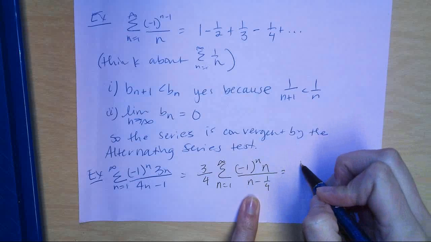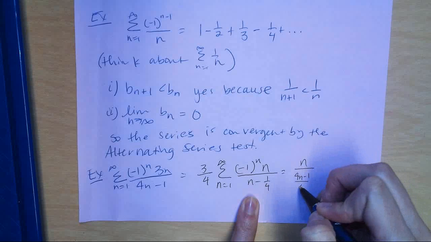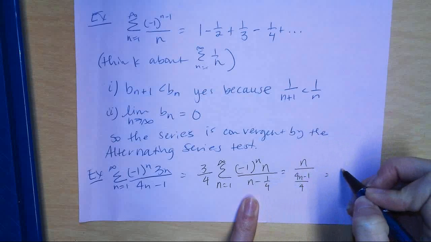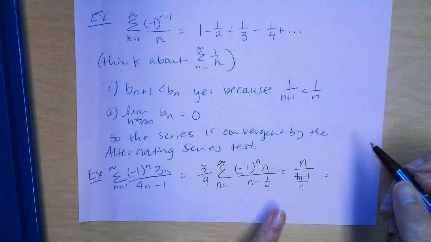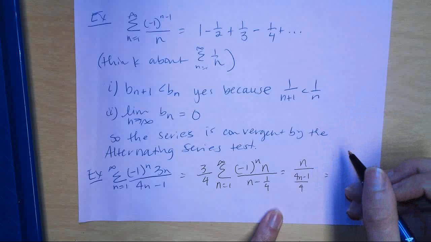So n over 4n minus 1 over 4, which would be, is this, no, we're not getting anywhere, are we? 4n over 4n minus 1.